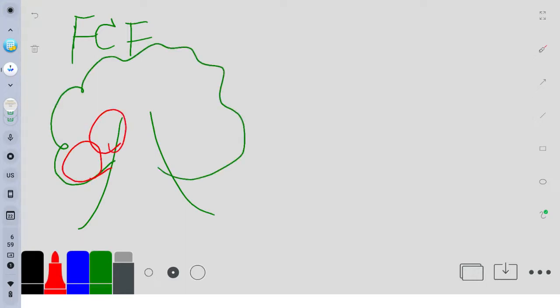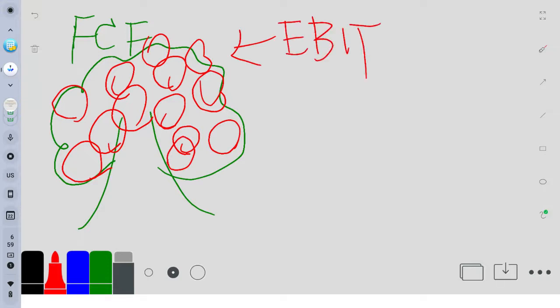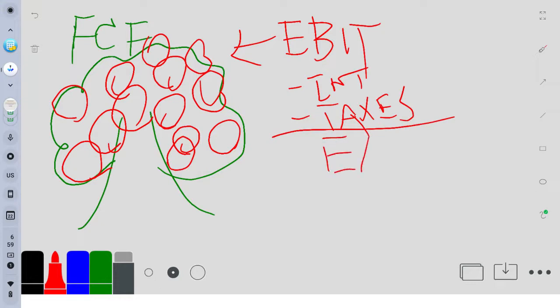And at harvest, you have a lot of apples on the apple tree. These apples are your EBIT. Of course, from this, you have to pay interest and taxes, and then it will be EAT, right?